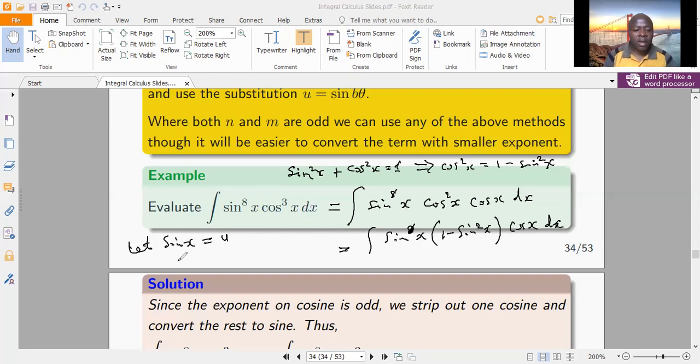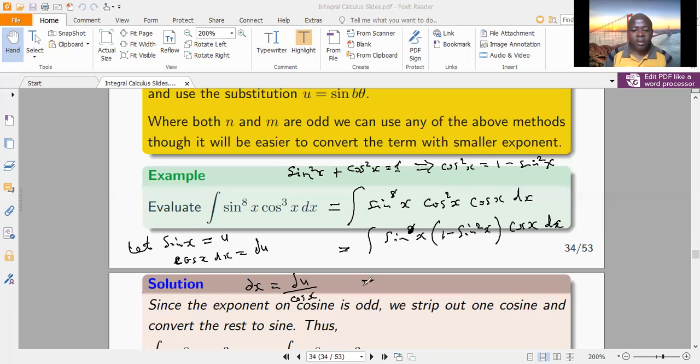On this side, the derivative of sine is cos x dx, and on the other side it is du. Making dx the subject, dx is the same as du over cos x. So we substitute u where there is sine, and du over cos x where there is dx.